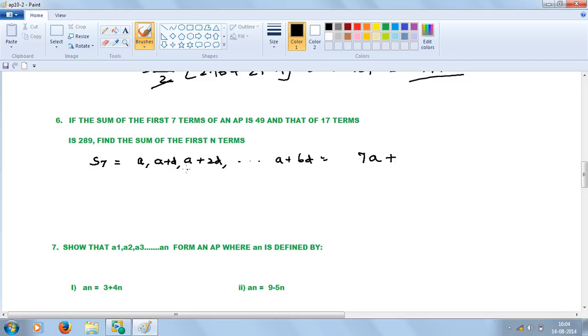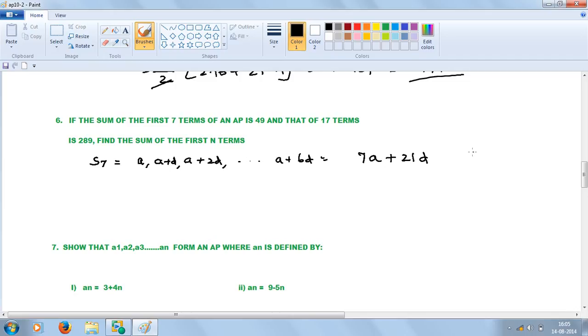If you add all the D's, how many D's are there? 1 plus 2 plus 3 plus 4 plus 5 plus 6. You will get 21 D's: 1 plus 2 is 3, 3 plus 3 is 6, 6 plus 4 is 10, 10 plus 5 is 15, 15 plus 6 is 21.